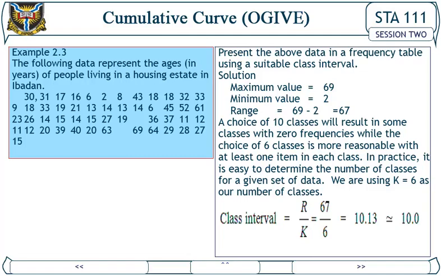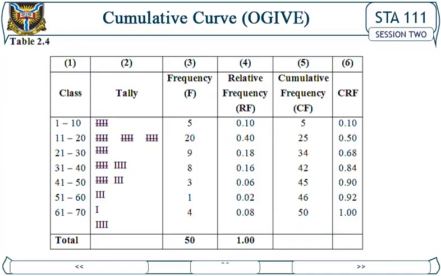In practice, it is easy to determine the number of classes for a given set of data. We are using k equal to 6 as our number of classes. Class interval is equal to R over k, which is 67 over 6, equal to 10.13, approximately 10.0. Table 2.4.